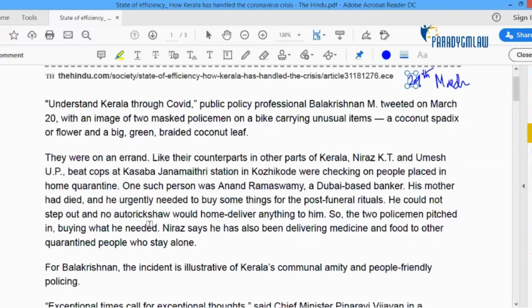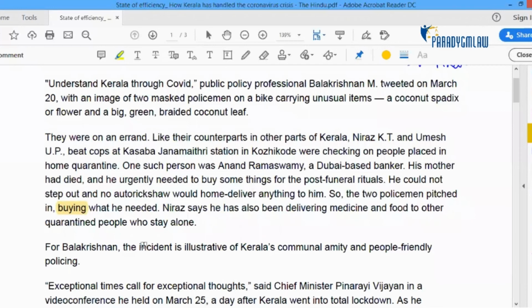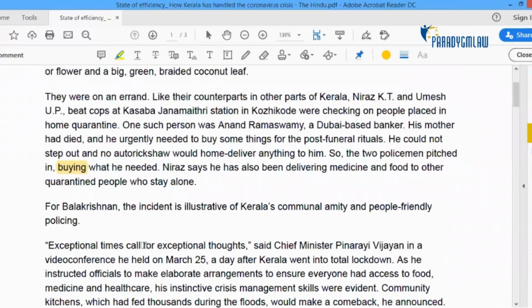So here the first two paragraphs are talking about how the police, the Kerala police has helped people by buying groceries and so on, and helping people to stay quarantined at home.